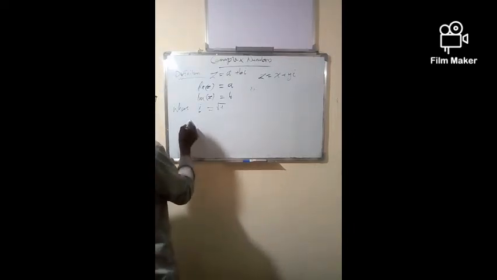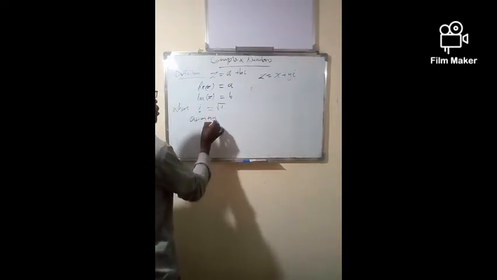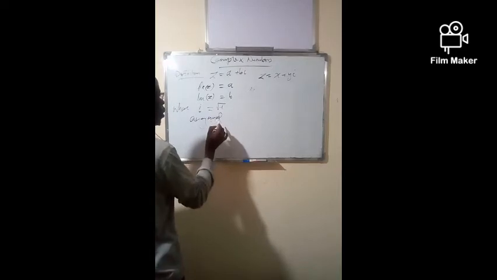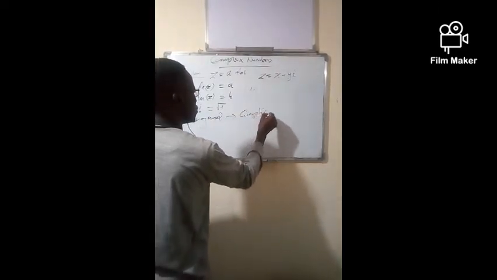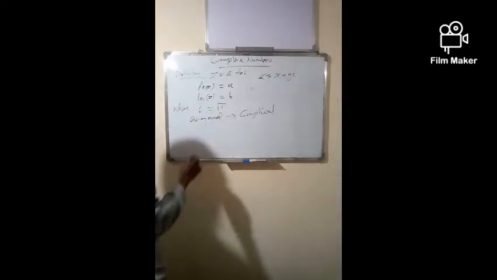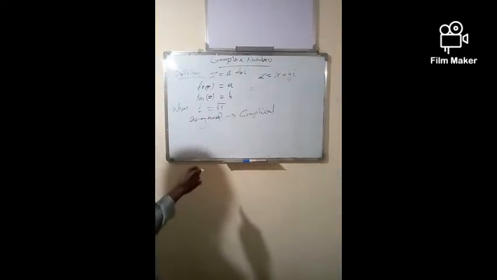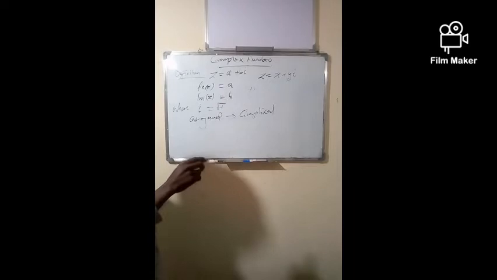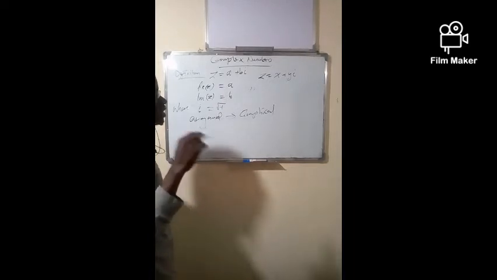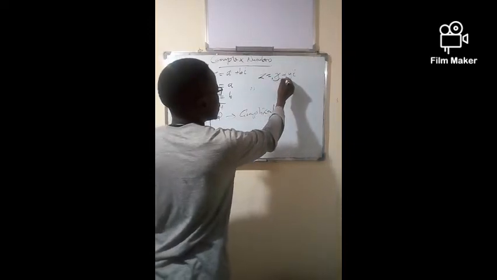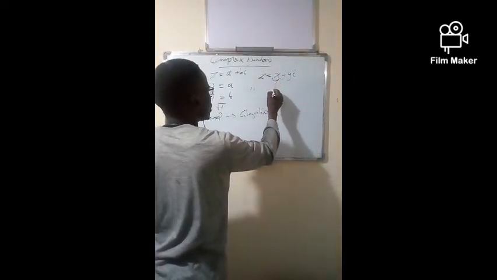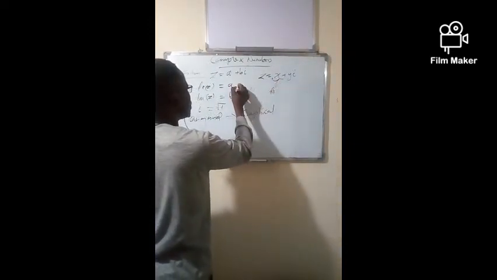Then other than that, we also looked at what is called the Argand diagram, which is simply the graphical representation of a complex number. Now this set of complex numbers is the largest set of numbers, because this part is real.